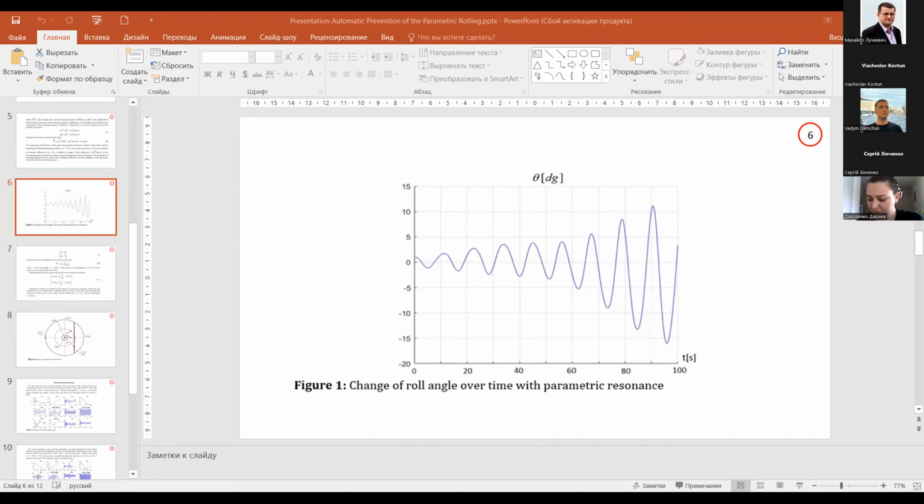As can be seen from figure 1, even in the absence of external influences, mx equals 0, a harmonic change in the component delta mx theta multiplied by sine omega t of the restoring moment can lead to swaying of the roll angle, and this is parametric resonance.